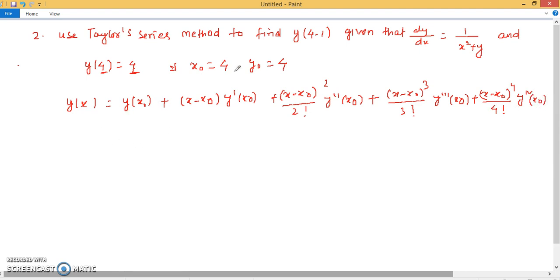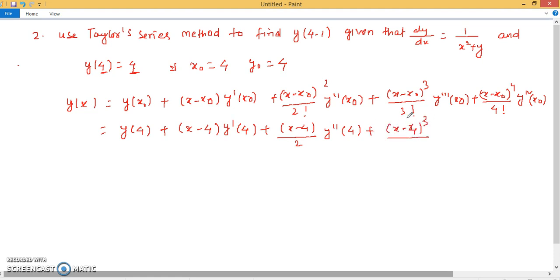Here the x naught value is 4, so we'll substitute it: y of 4 plus x minus 4, y dash of 4, plus x minus 4 whole square by 2 factorial, which is 2, y double dash of 4, plus x minus 4 to the power 3 by 3 factorial, which is 6, y triple dash of 4, plus x minus 4 to the power of 4 divided by 4 factorial, which is 24, y4 of 4.